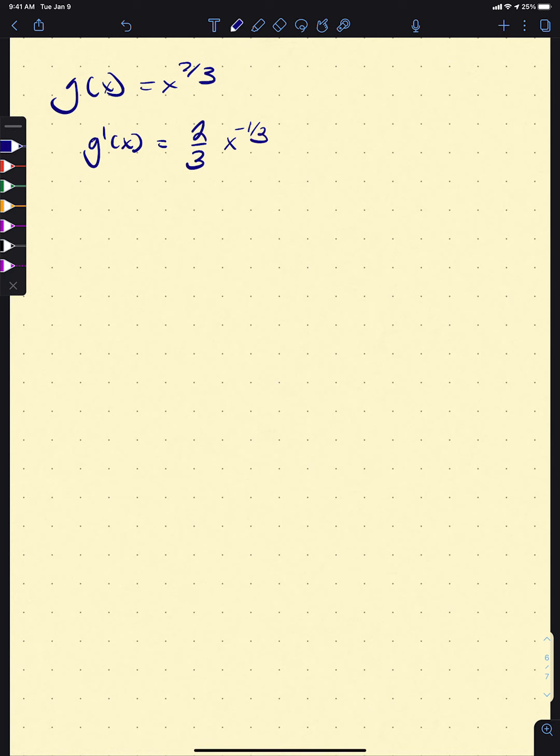Now notice that g prime of x is going to be discontinuous at x equals 0. It's going to be continuous everywhere else, but at x equals 0, it's going to be discontinuous, which is unfortunate. But also notice that this isn't going to be equal to 0 anywhere, right? There's no way for this function to ever equal 0.